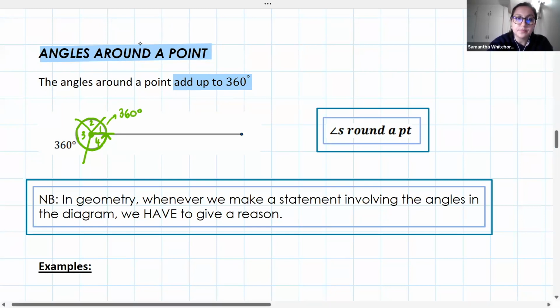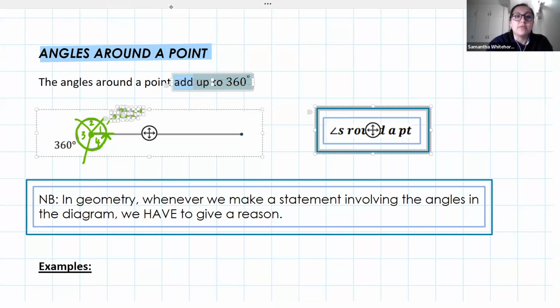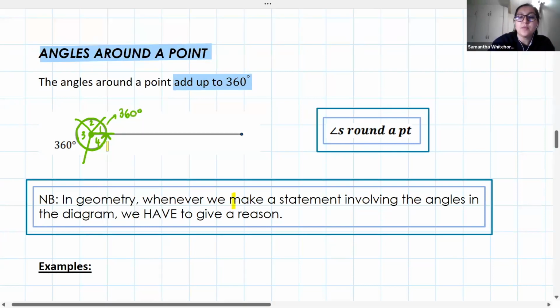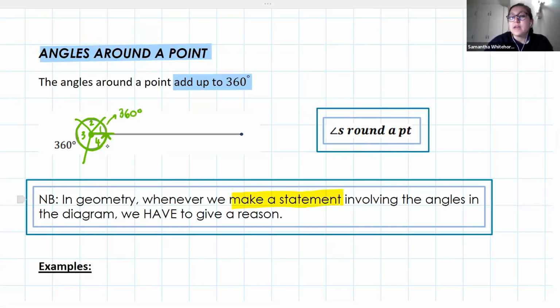Okay, now guys, what's really, really important in geometry is this statement down at the bottom here. Whenever we make a statement that involves the angles, or generally it's the angles in our diagram, you have to give a reason. You don't have a choice, you have to do it, right?